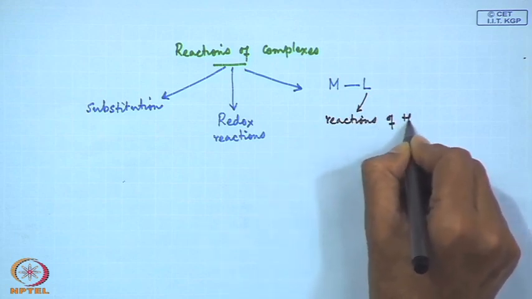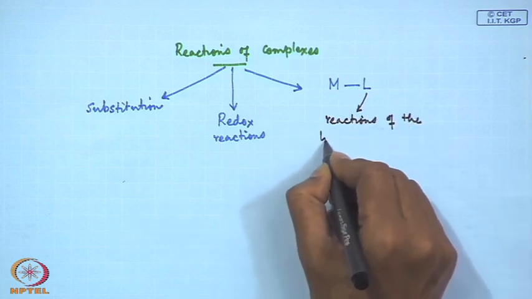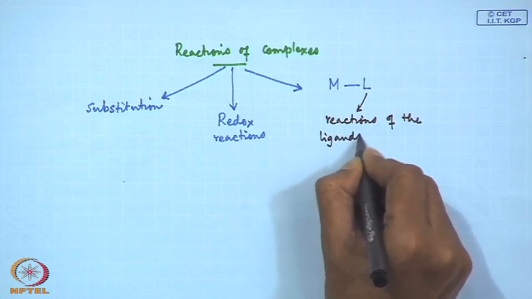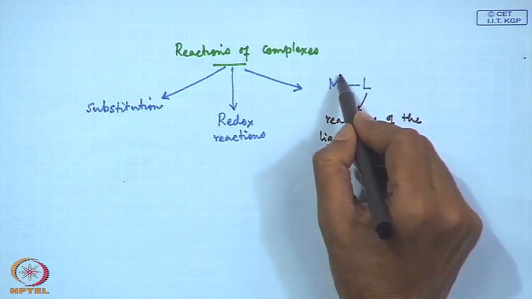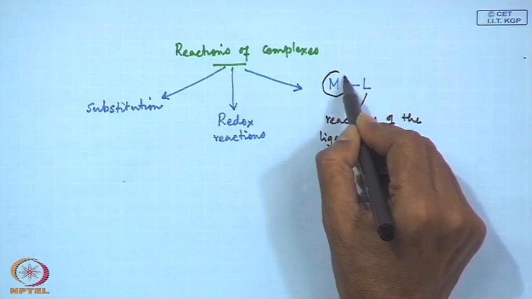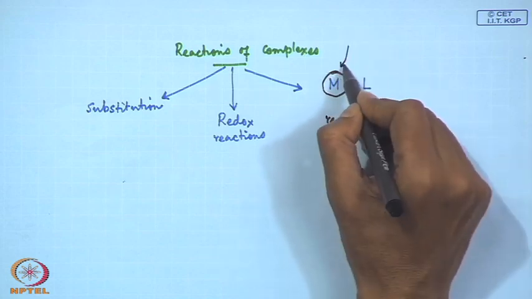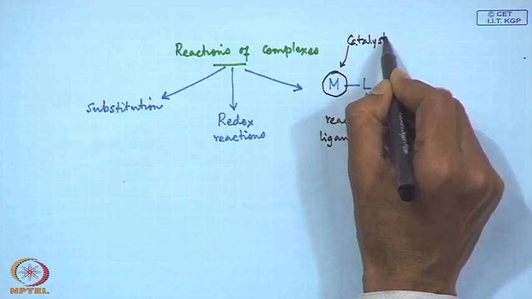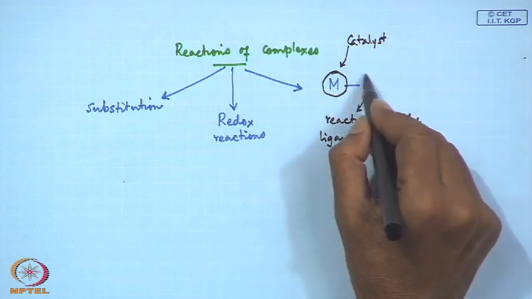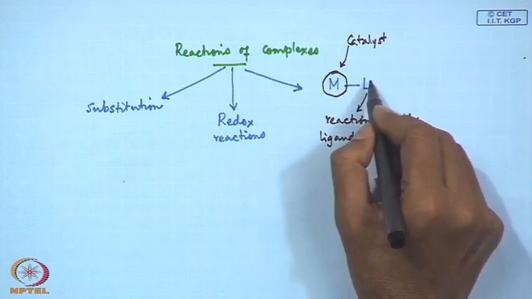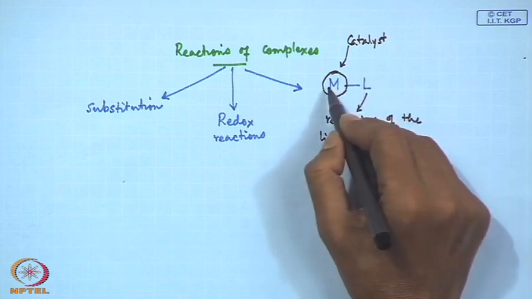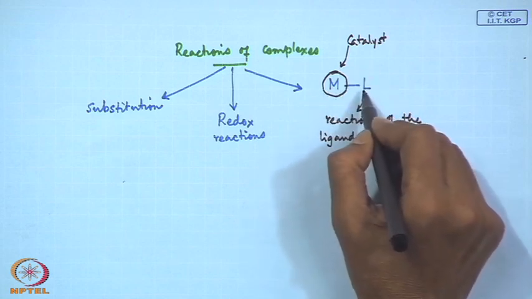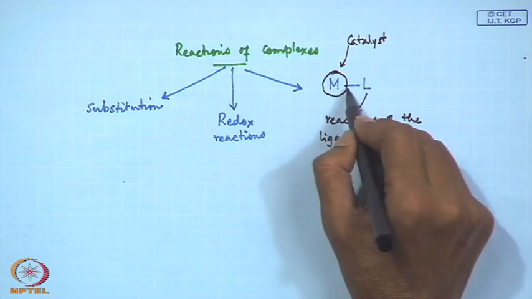So, the reactions of the ligands. If we consider that this particular part is a part of the catalyst, then this reagent or the reactive molecule which is attaching to the catalyst is coming over there and attaching to the metal site.